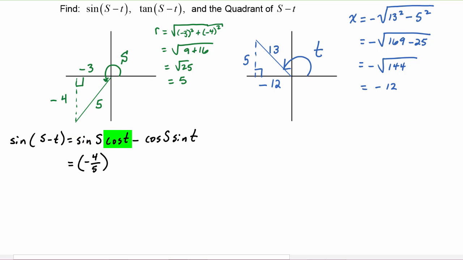Cosine of T will be its x value over r, so negative 12 over 13, minus the cosine of S is the x value over r, so negative 3/5, and the sine of T will be the y value over r, which is 5 over 13.